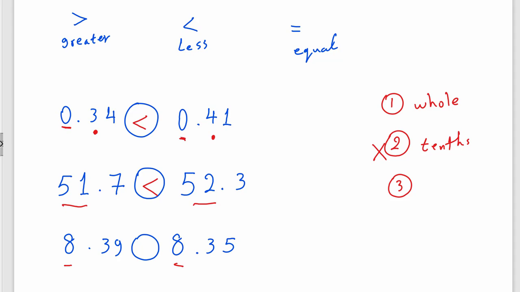So we move to the second step, comparing the tenths. We have 3 and 3, so they are the same also. In this case, we move to the third step. The third step is comparing hundredths. So hundredths here we have 9 and 5, and 9 is greater than 5.